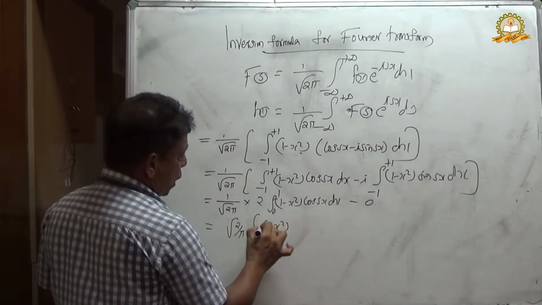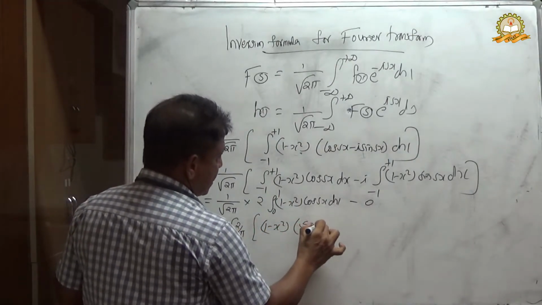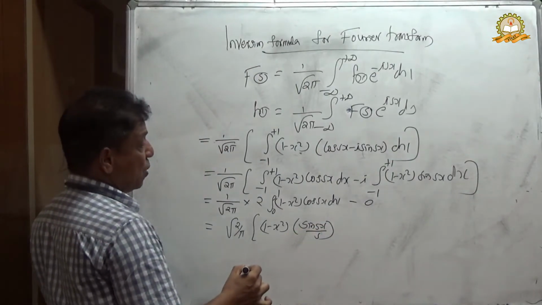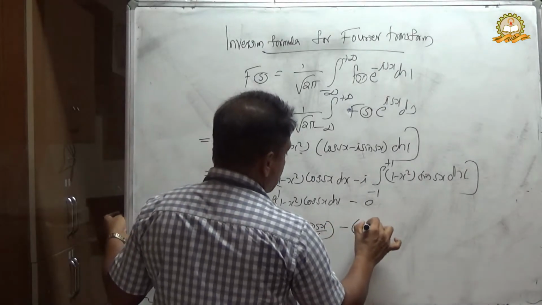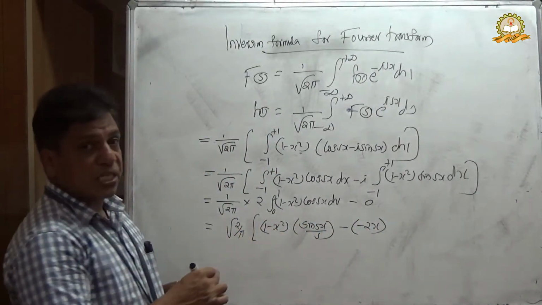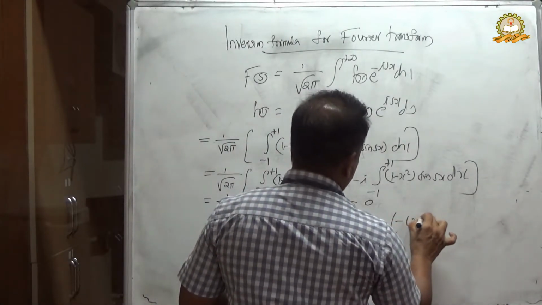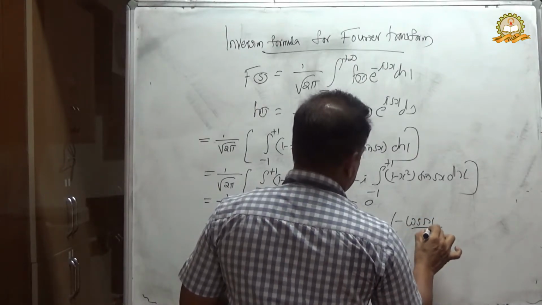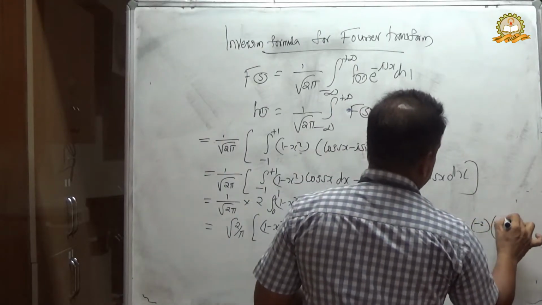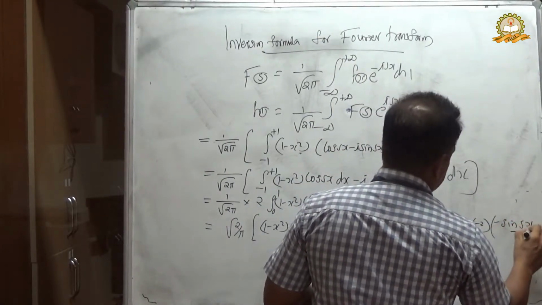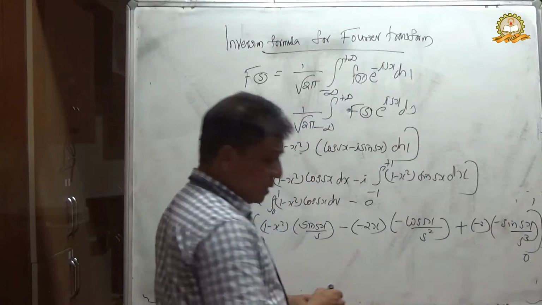First function 1 minus x square into integral of second, sin sx by s, minus derivative of first, minus 2x, into minus cos sx by s square, plus derivative of the derivative, minus 2, into minus sin sx by s cube, from 0 to 1.